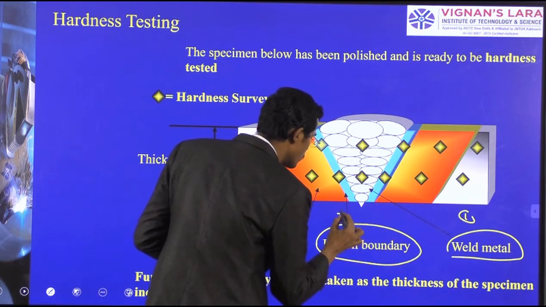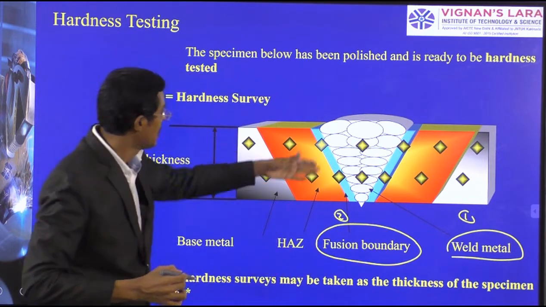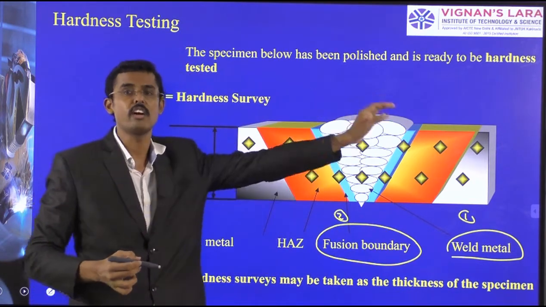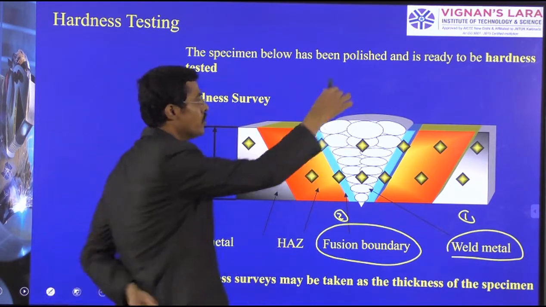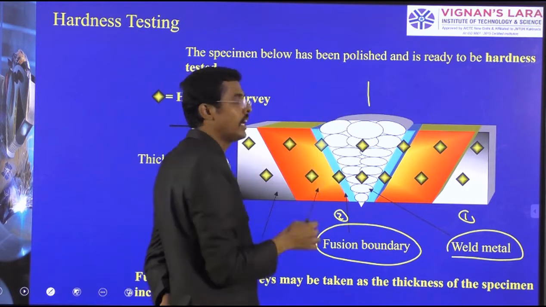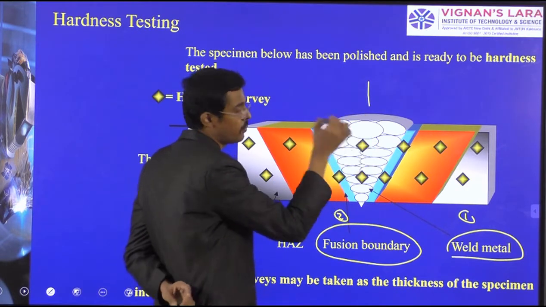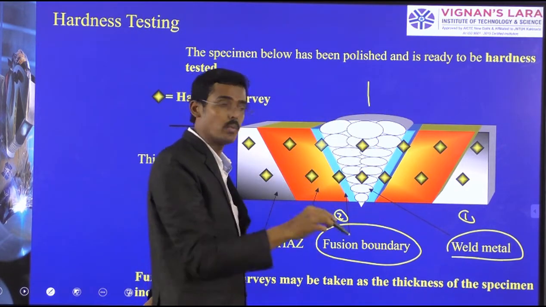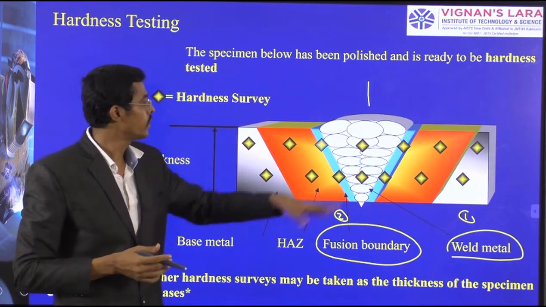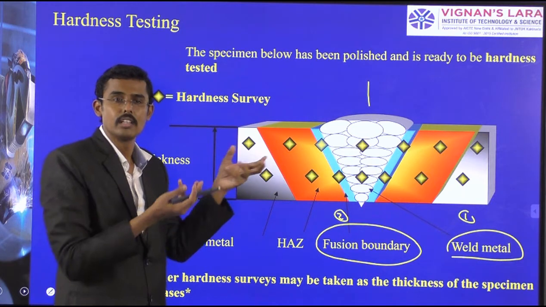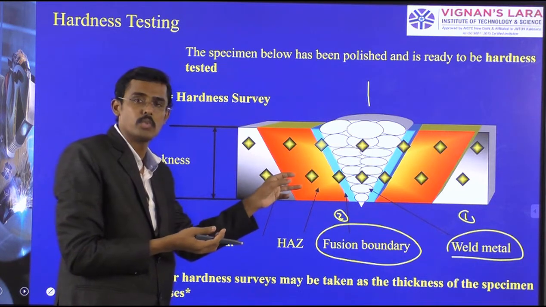Here also we should take what is the change, because high heat input causes a different hardness and less heat input causes a different hardness. You see, we are going to weld here, and more heat will be subjected at this center point, and this heat will be distributed around through the material. But when it is distributing, not all the heat will be distributed.